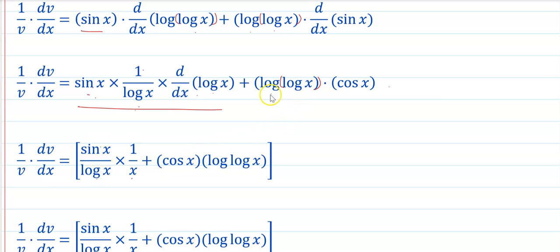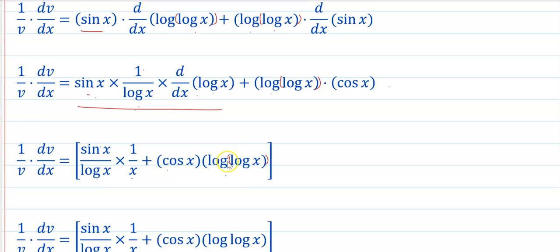What about the next? Log of log x as it is, and the derivative of sin x is cos x. That is cos of x into, in bracket, log of log x. I will again write one more log here.